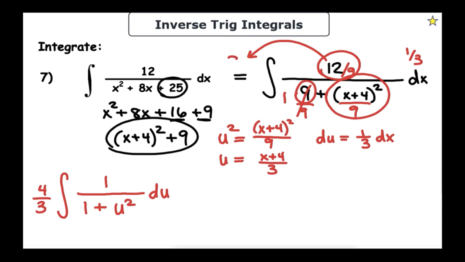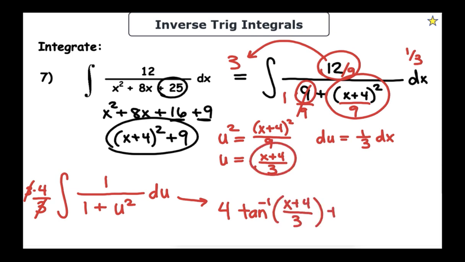I need an extra 3 out front. An extra 3 out front will cancel with the 3 in the denominator, which is kind of nice. And so I'm going to get 4 inverse tangent of u plus c.